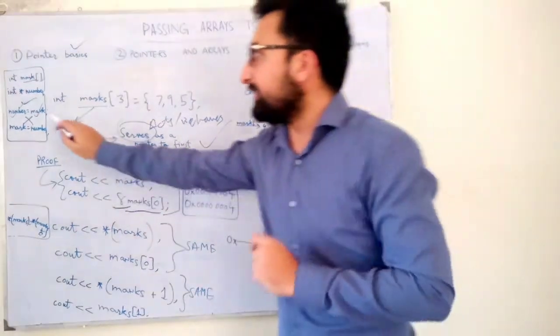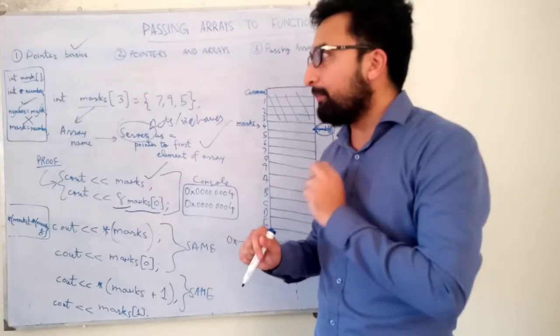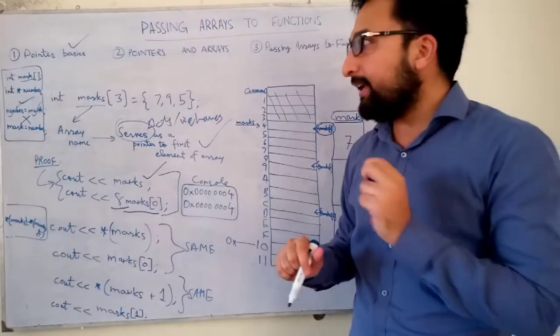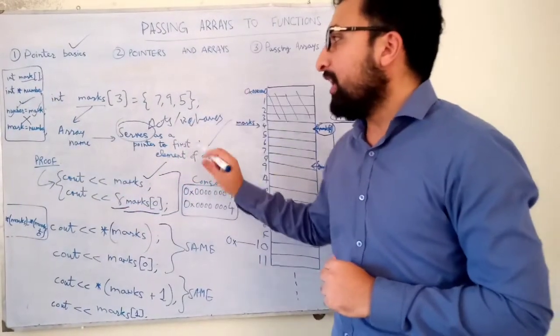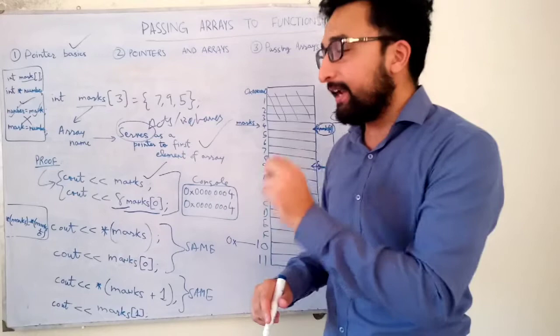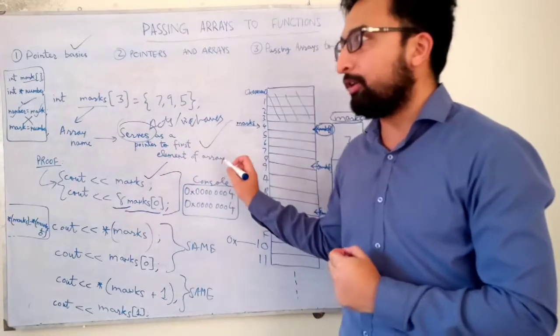This is a legal writing of code, number equal marks, because number is a pointer variable and marks, as we have established right now, can serve as a pointer. In fact, it serves as a pointer to the first element of the array.